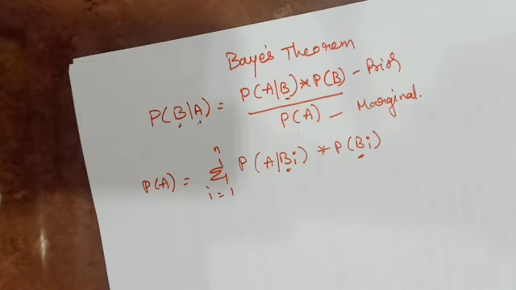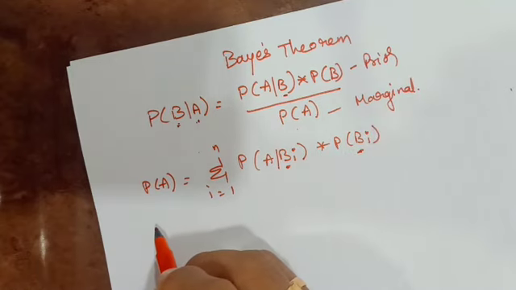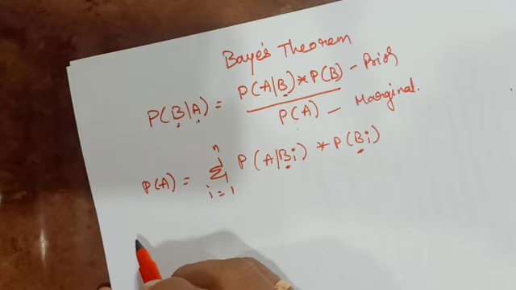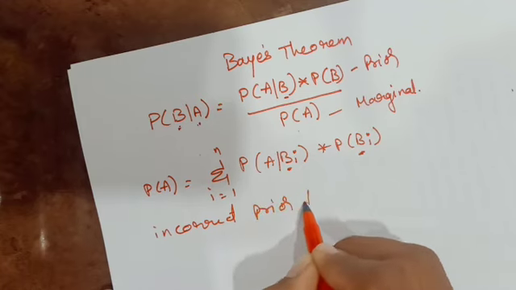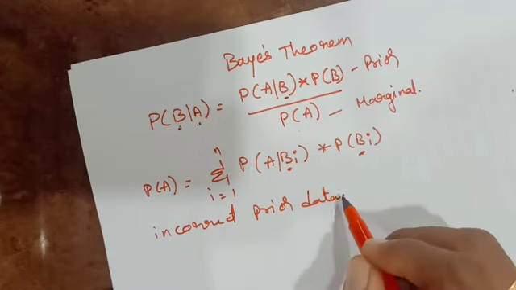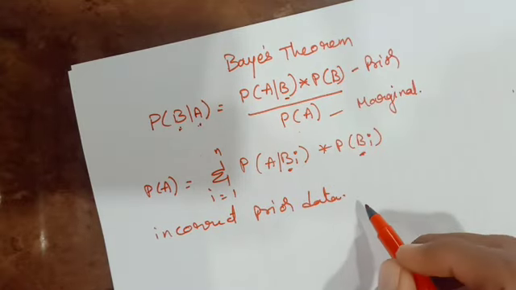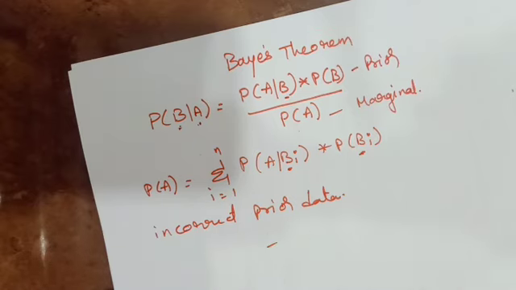Because Bayes theorem considers the prior probabilities, if the prior data itself is biased or incorrect, then the results we find using Bayes theorem may mislead us. That is one of the important limitations of Bayes theorem.